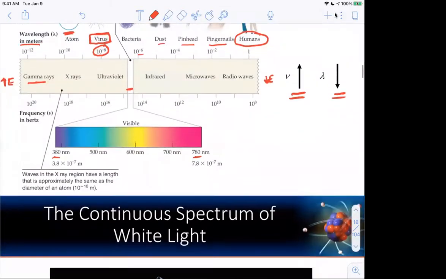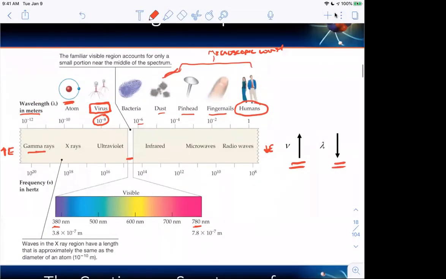Anyway, so this is the spectrum. Remember, if I increase the frequency, I decrease the lambda. When I have short wavelengths, if I decrease lambda, I'm increasing energy. So when I have very small wavelengths, my energy is very high.